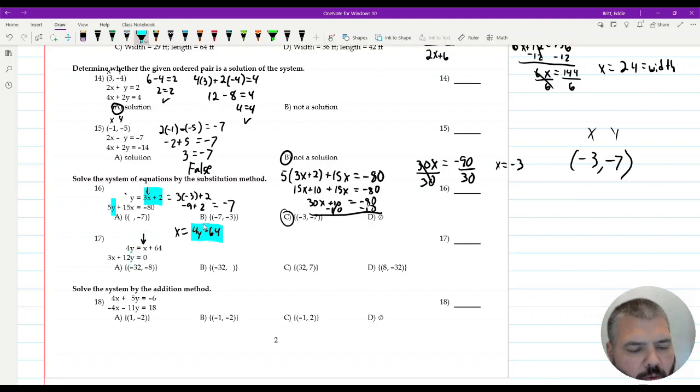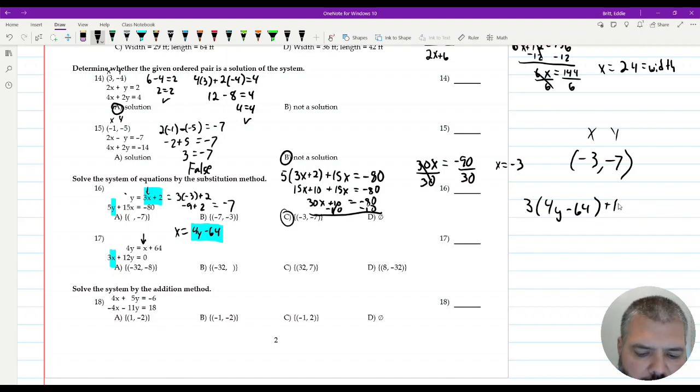Now I'm going to plug in 4y minus 64 for x in the other equation. There's a 3 in front there, so write 3, and make sure you put this in parentheses, times 4y minus 64.